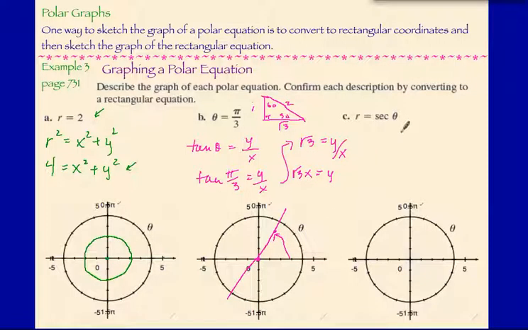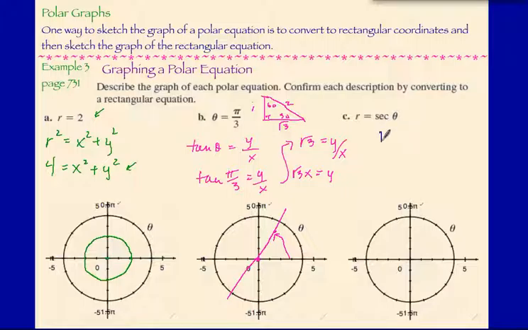Now r equals secant theta is not quite as straightforward as the other ones. First of all, we're going to rewrite this, and let me change colors because it's getting a little messy. The color change at least tells you where one set of work ends and another begins.